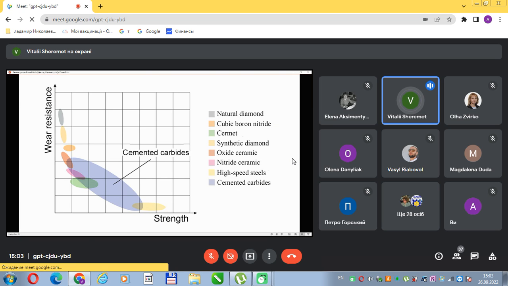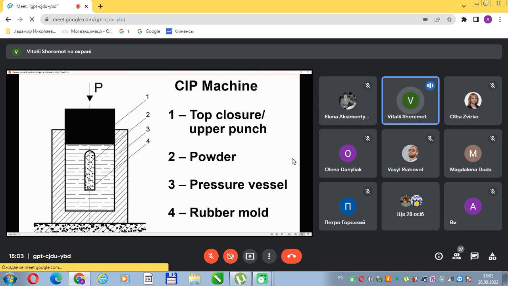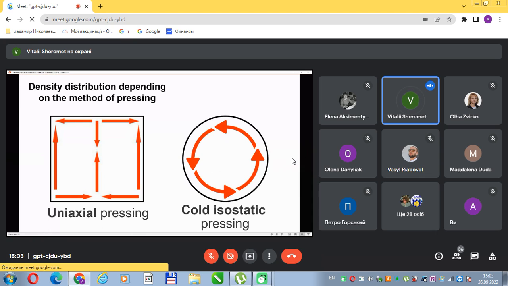Briefly about it, cold isostatic pressing is a compaction process for powders, even for samples enclosed in an elastomer mold. The mold is placed in a pressure chamber, a liquid medium is pumped in, and high pressure is applied uniformly from all sides. These are maps of the density distribution over the volume of the sample during pressing.